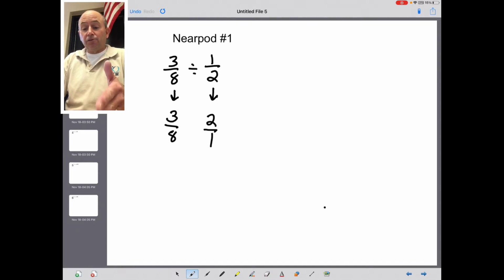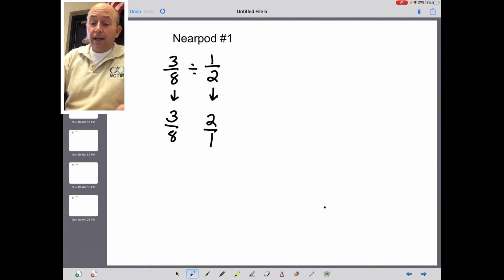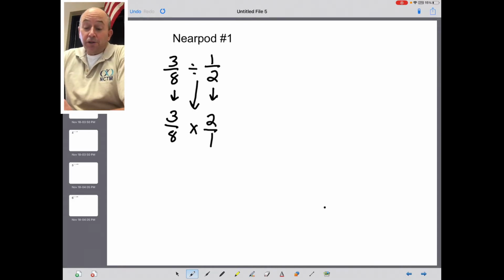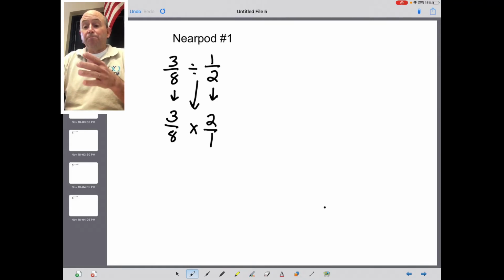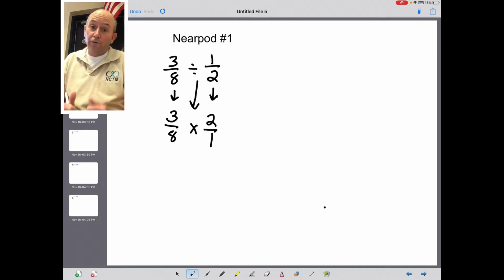And before you can divide, you want to take that division and turn it into multiplication. Now you're going to just multiply. So your division problem becomes a multiplication problem. So the 3/8 divided by 1/2 becomes 3/8 times 2/1.